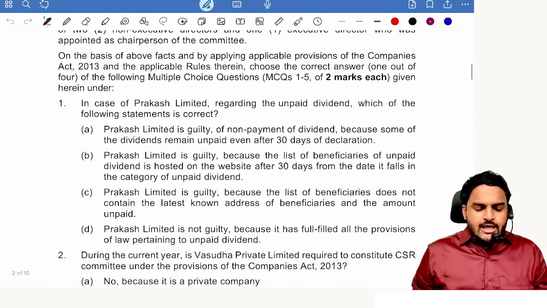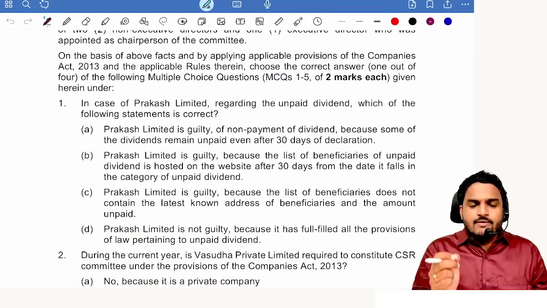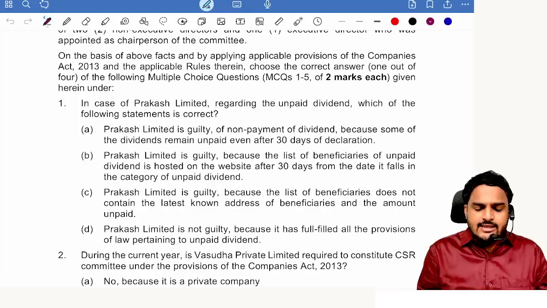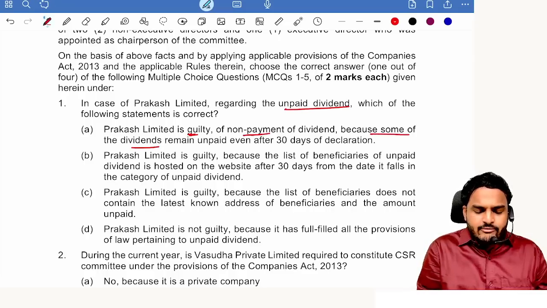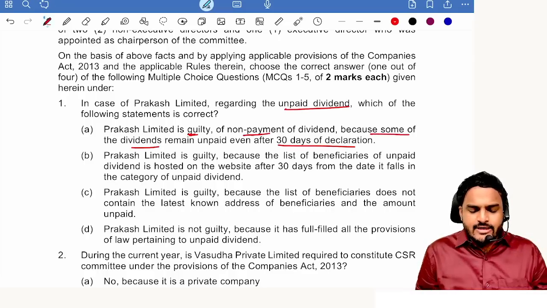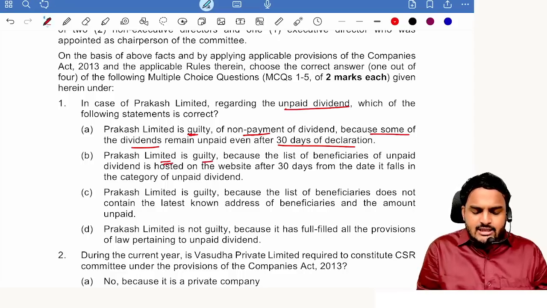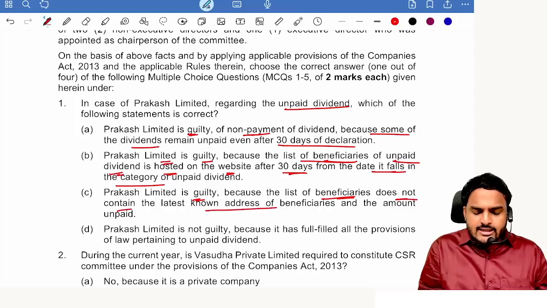In case of Prakash Limited, regarding unpaid dividend, which of the following statements is correct? So they are asking about unpaid dividend. Let's see the options. Prakash Limited is guilty of non-payment of dividend because some of the dividends remain unpaid even after 30 days of declaration. Prakash Limited is guilty because the list of beneficiaries of unpaid dividend is hosted on the website after 30 days from the date it falls in the category of unpaid dividend. Prakash Limited is guilty because the list of beneficiaries does not contain the latest known address of beneficiaries and the amount unpaid.